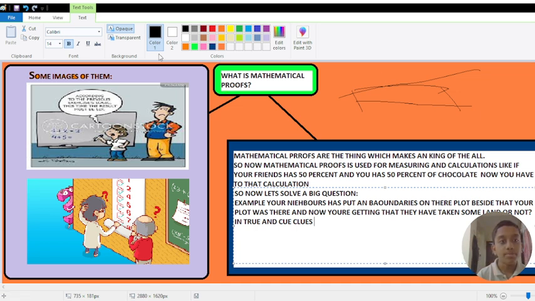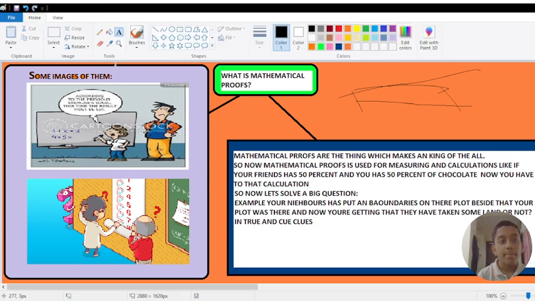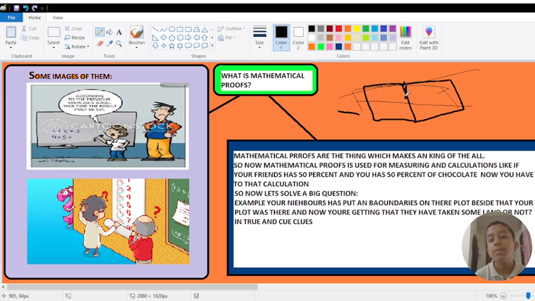I will explain here by taking a pencil and making its size bigger. This will be better. Here is your boundary, and beside that your neighbor's boundary is there. You have not put up boundaries, and your neighbor has put up boundaries like this, taking 30 centimeters more land from you.